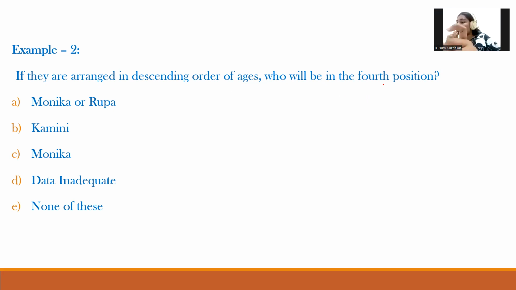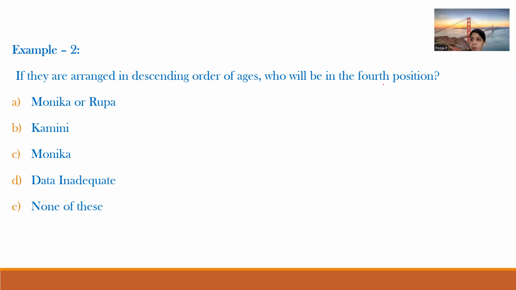Descending order, oldest to youngest. Ma'am, we have taken descending order, so we have to tell that it is data inadequate, right? Because we have two names and we're not sure which one of them is older.